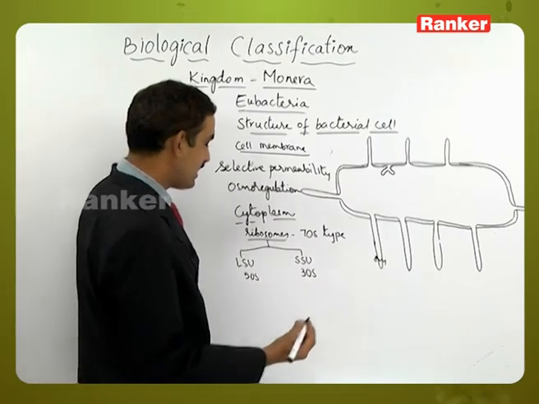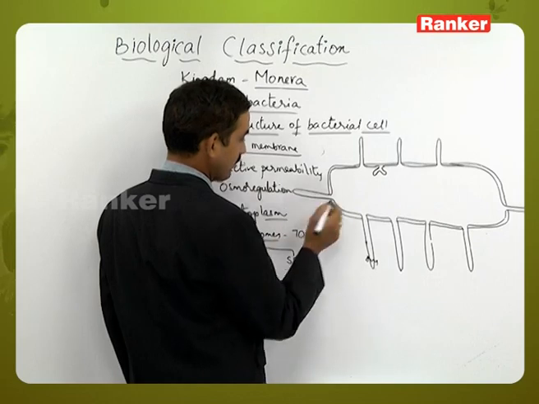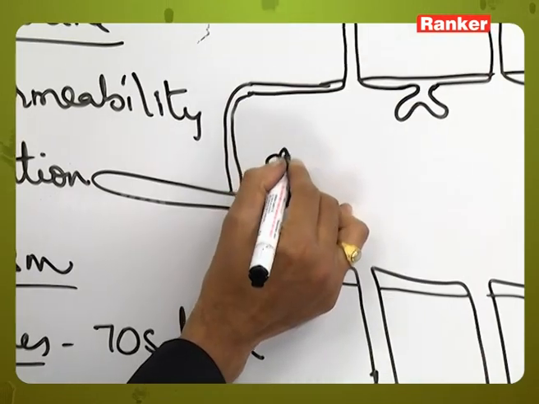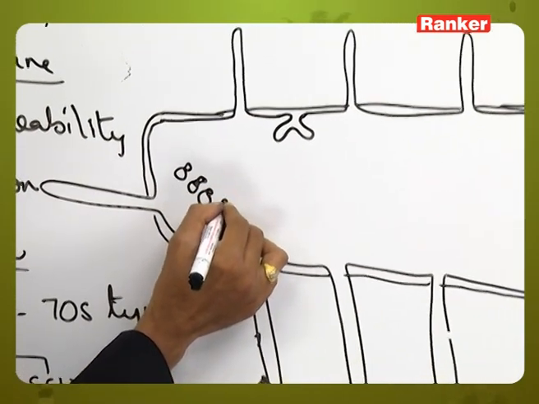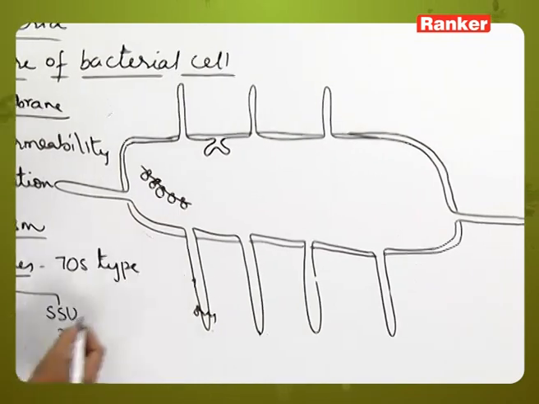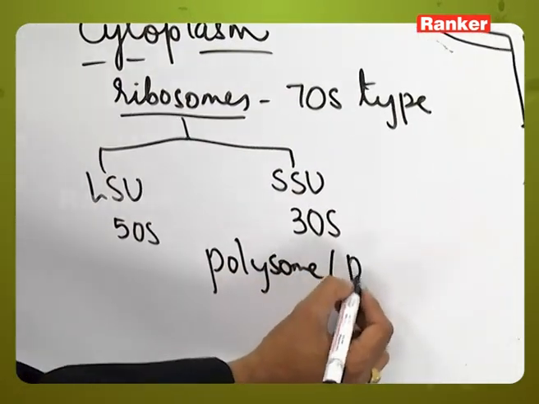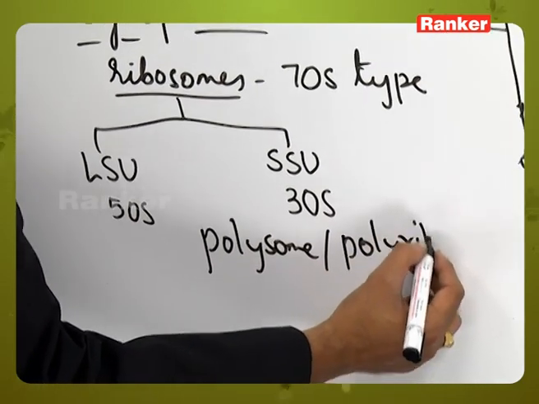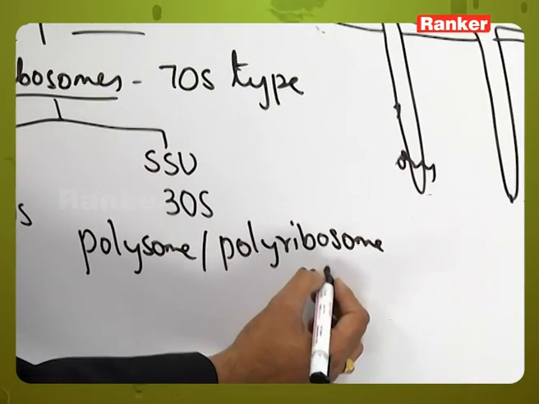Generally, whenever the process of protein synthesis is taking place, the ribosomes will be in the form of a chain-like structure. This chain of ribosomes is called a polyribosome or polysome structure. The polysome is formed with the help of an mRNA molecule.